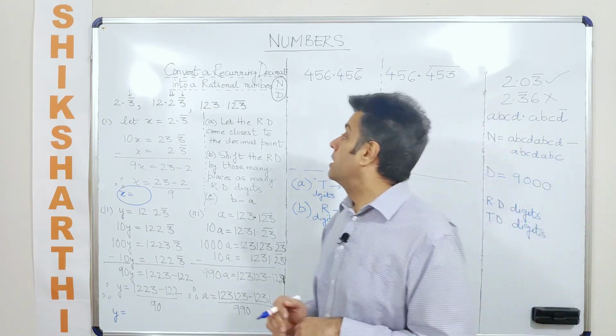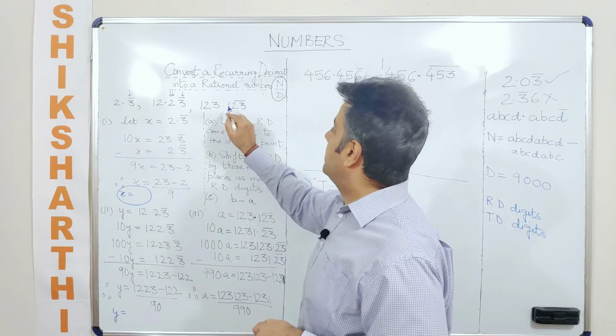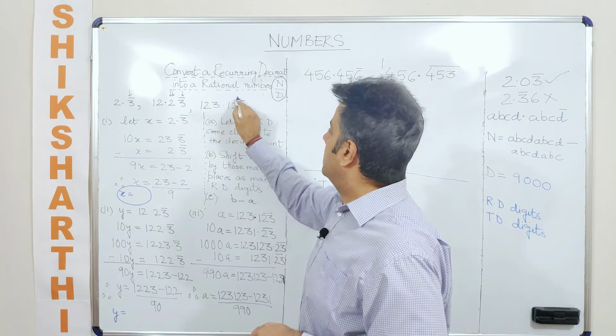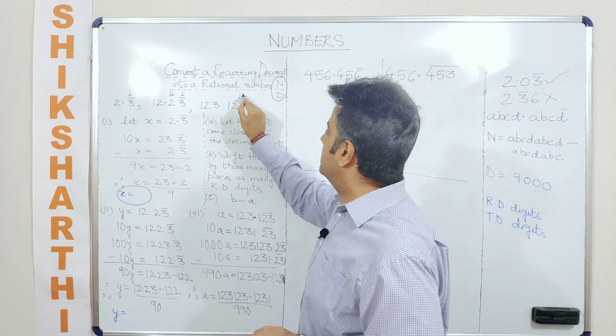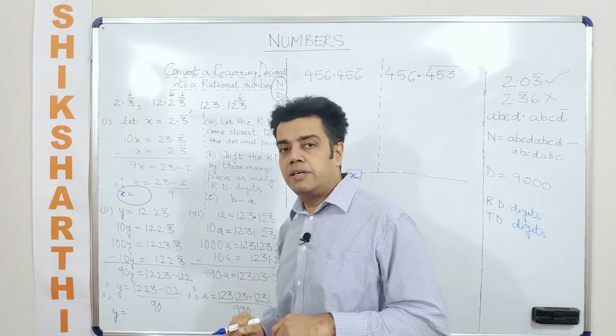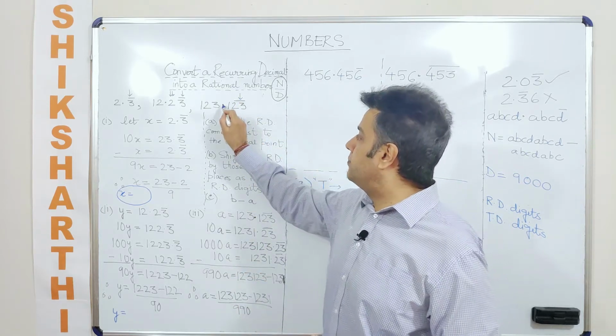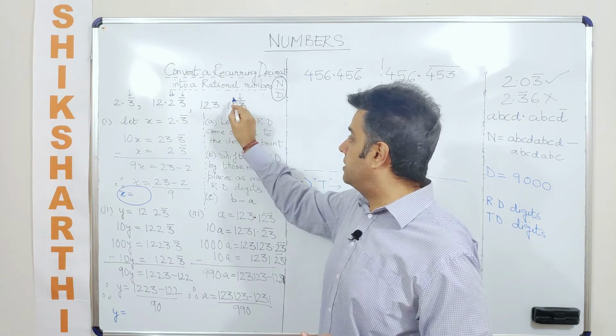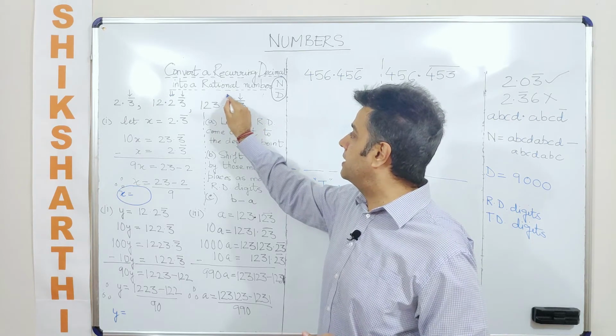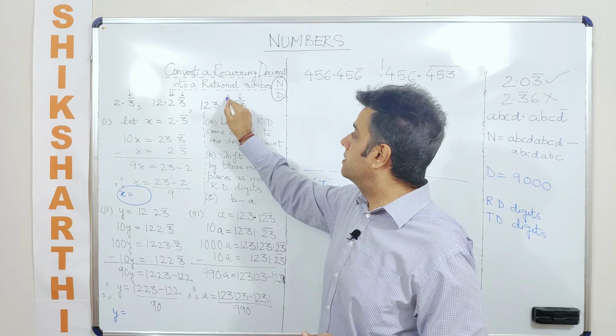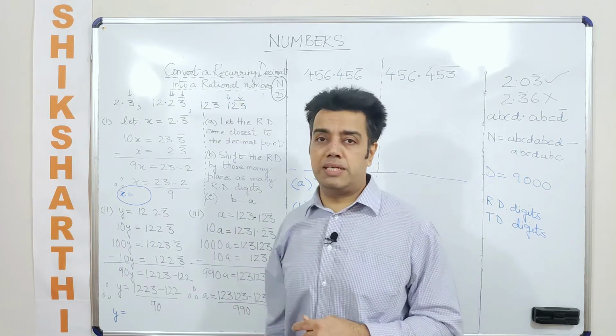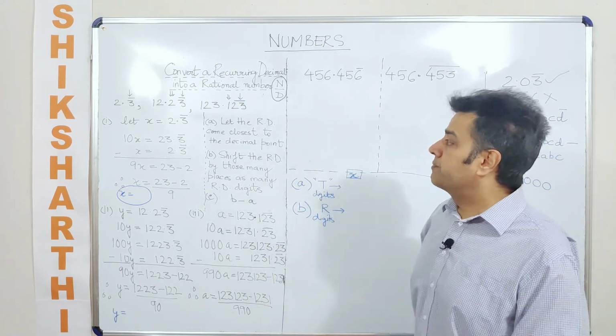Then the third example that I have taken here, you will see that I have taken two recurring decimal digits, and between the decimal point and the two recurring decimal digits, I have taken one terminating decimal digit. So let's start.